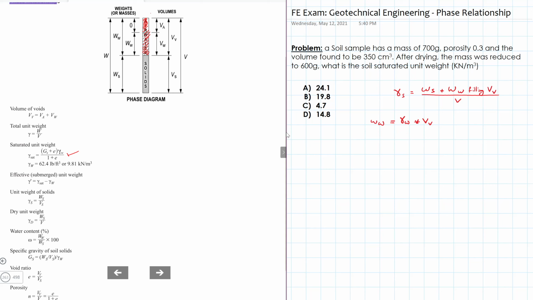And we know that porosity equals the volume of voids divided by the total volume.